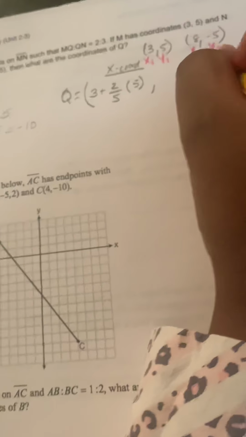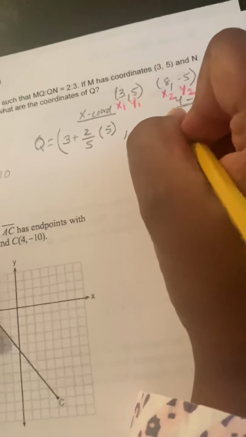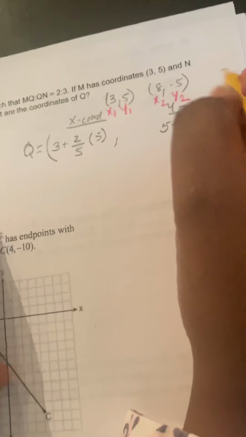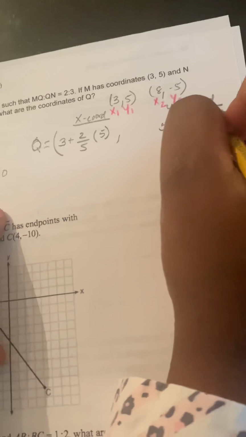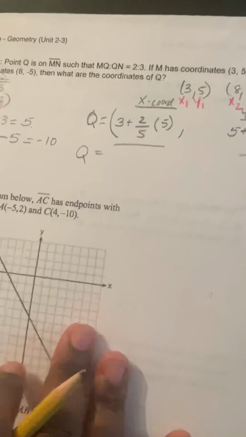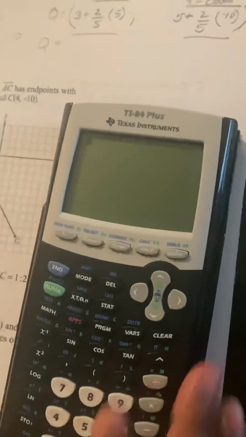All right, comma, and then the Y coordinate, 5 plus 2/5 times -10. And then we just plug it into our calculator. Easy.